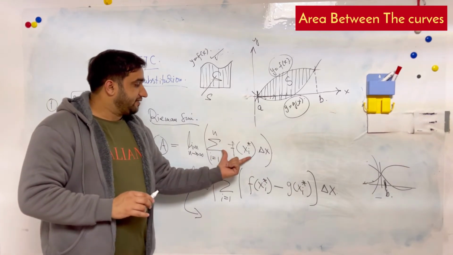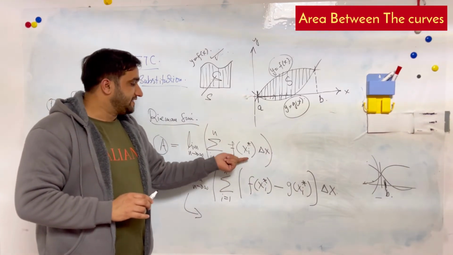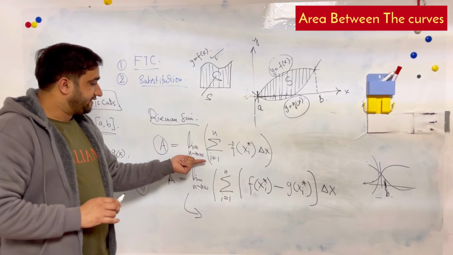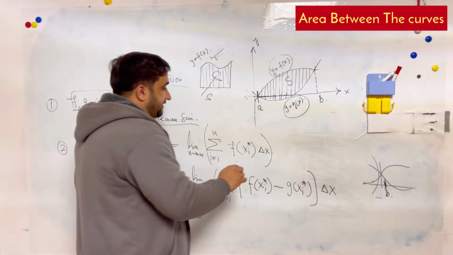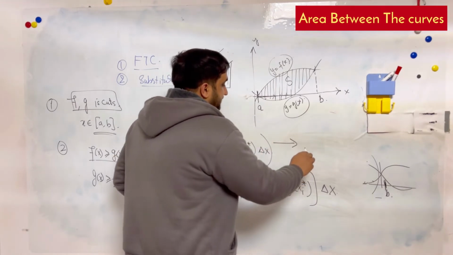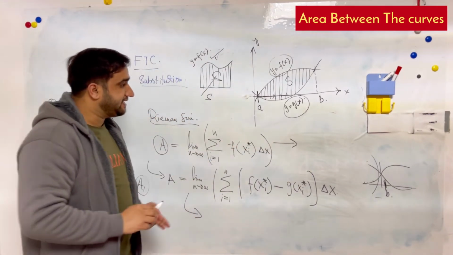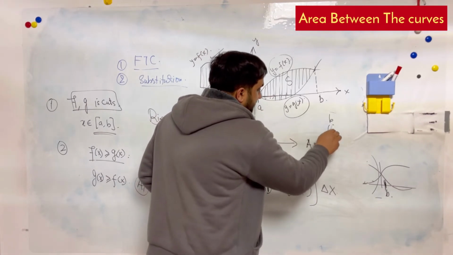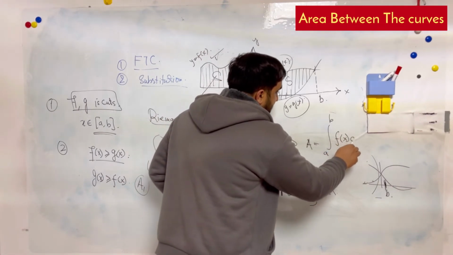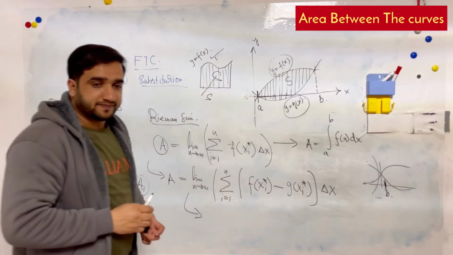Here, when it was one function, we started with the Riemann sum, we applied the limit on it, and we said this is the area, and ultimately we said that this whole thing means the area under the curve is integral from a to b f of x dx. Remember?